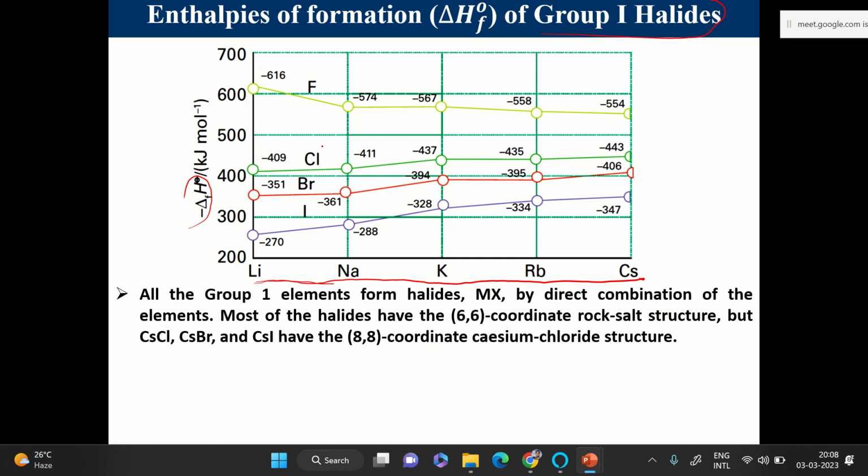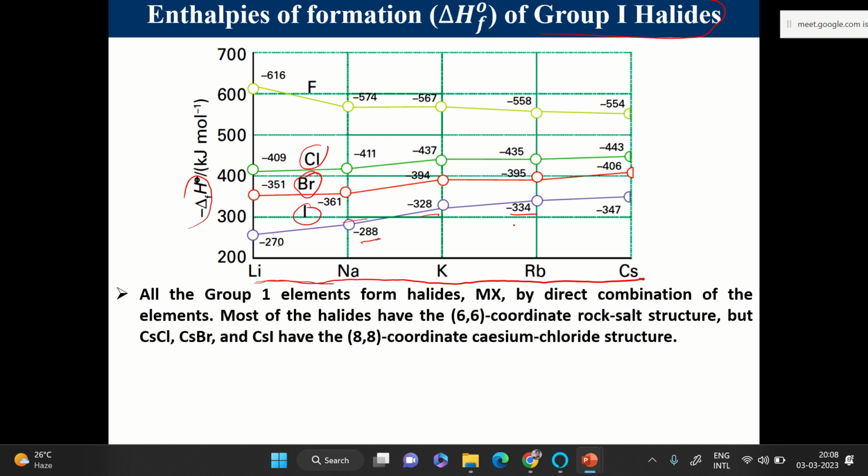For the halides chloride, bromide, iodide, as you move from lithium, sodium, potassium for iodide, there is almost a linear increase. Okay, so it is almost a linear kind of trend, just like a line. So minus 270, 280, 328.